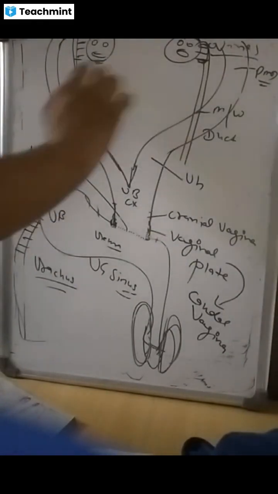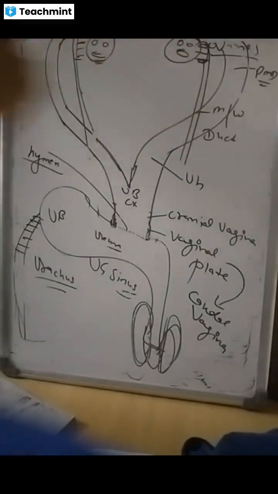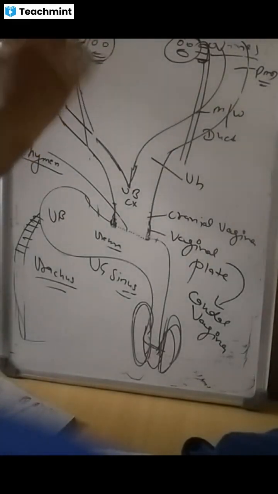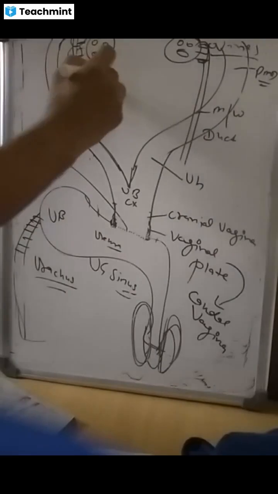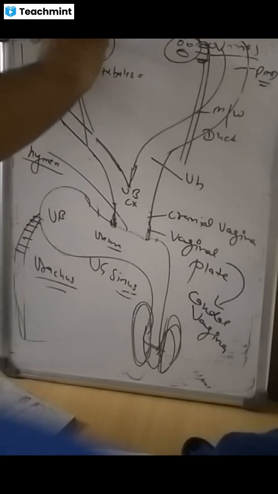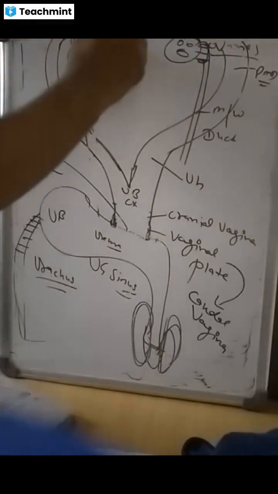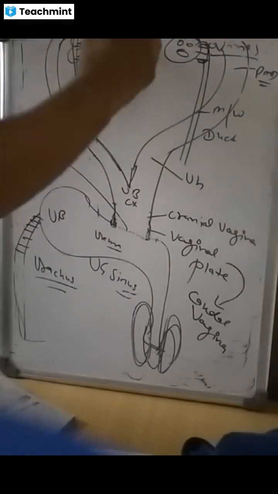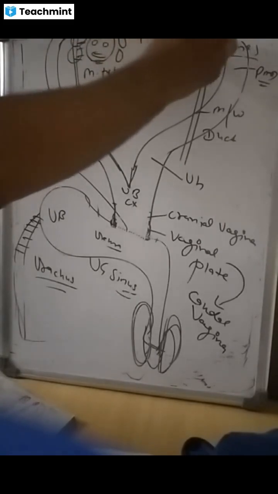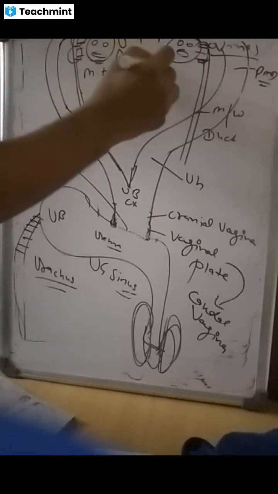Now the mesonephric duct. In case of female, the cranial tubules, I'm not calling these mesonephric tubules, which are part of the Wolffian duct, will form some structures like this, and these are called epoophoron, and the one below is called paroophoron.